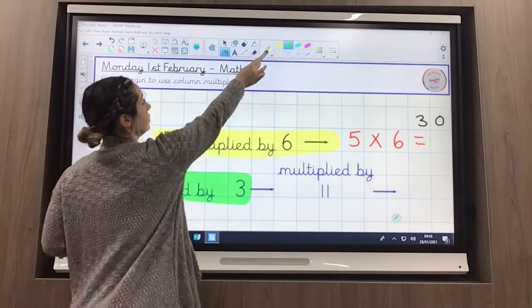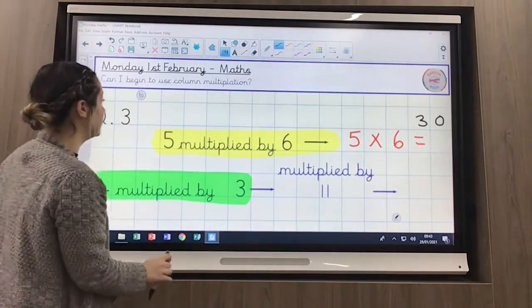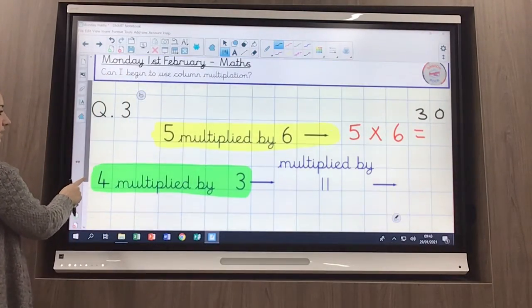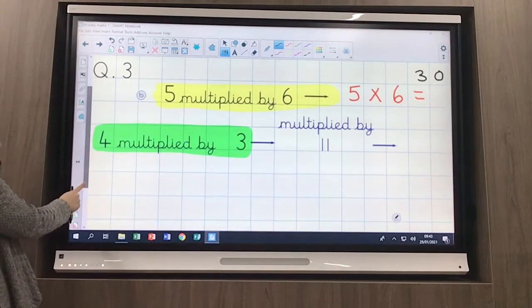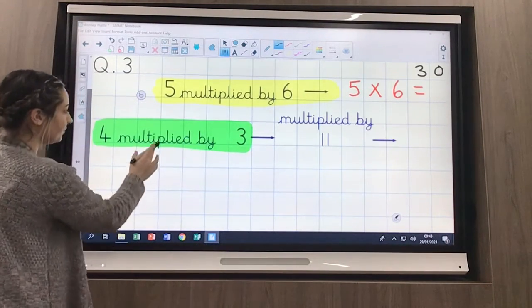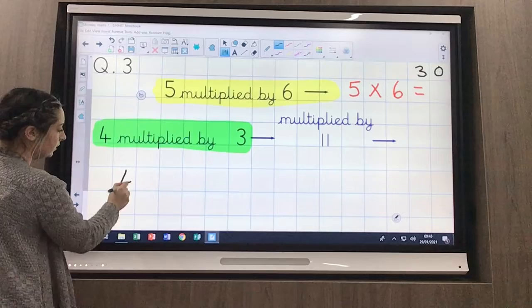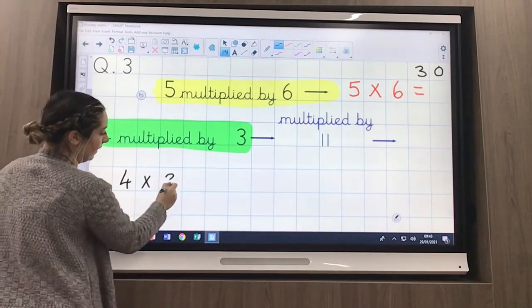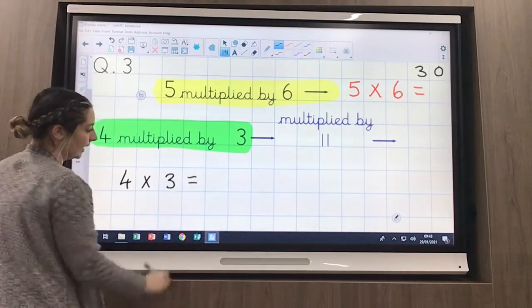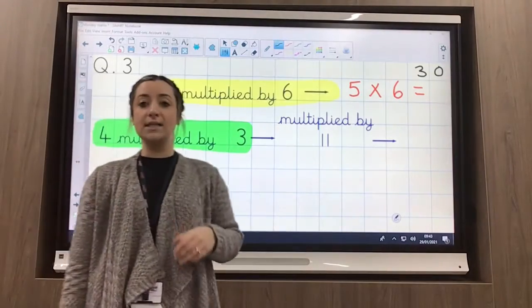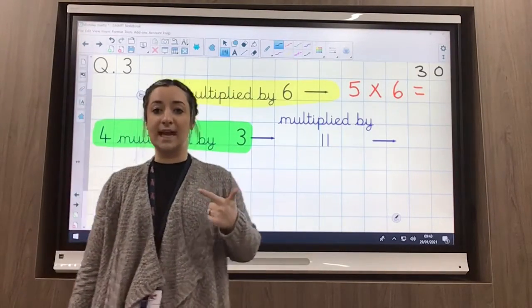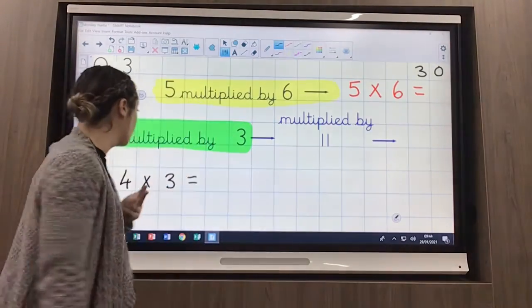And I'm going to write it underneath so we can see this. Let's scroll down so you can see. So, we've got 4 multiplied by 3. Okay, so 4 lots of 3. 1 times 4 is 4, 2 times 4 is 8, 3 times 4 is 12.